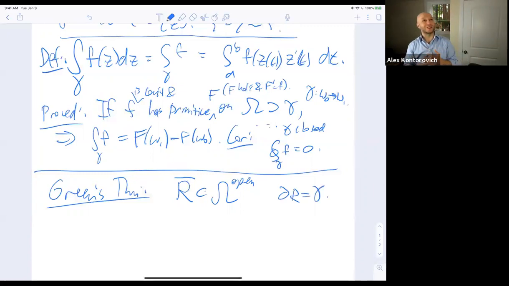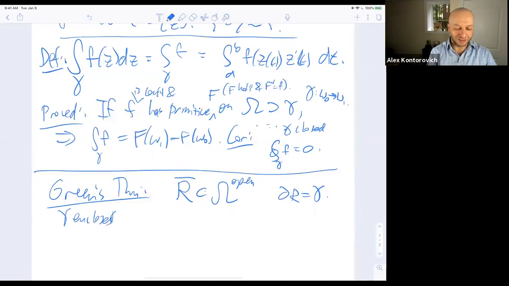You have to say something about simply connected. Gamma is a simple curve, doesn't cross itself, and encloses a region R. In other words, it's exactly what you think it is. This is gamma. This is my region R.